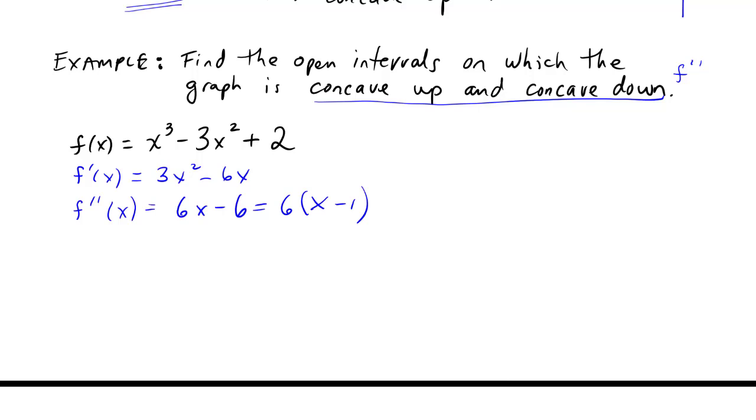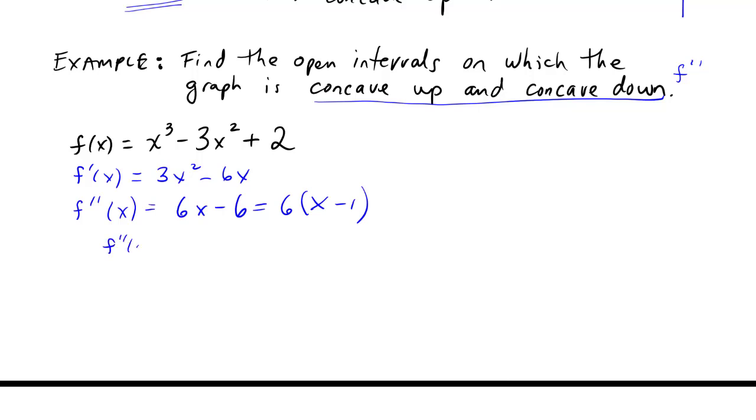So now what we're going to do is look for any zeros of the second derivative or places where the second derivative might be undefined, just like we did with critical points in looking for the first derivative being 0 or first derivative being undefined.